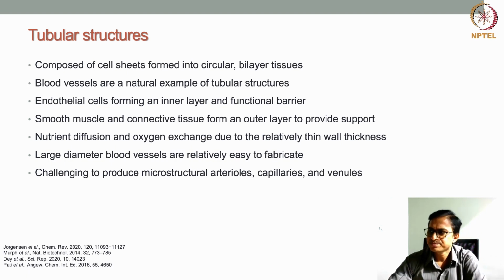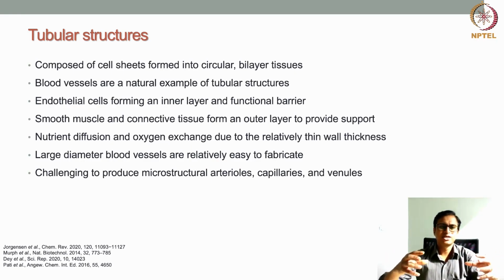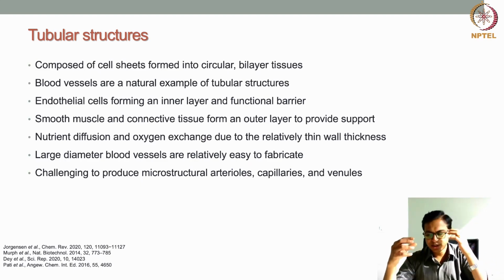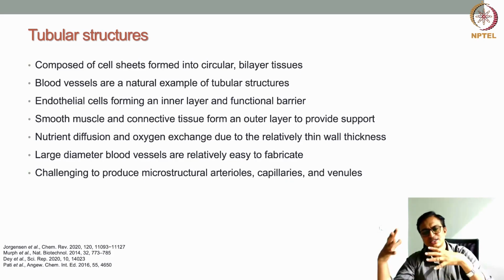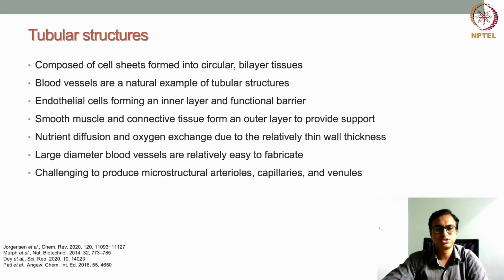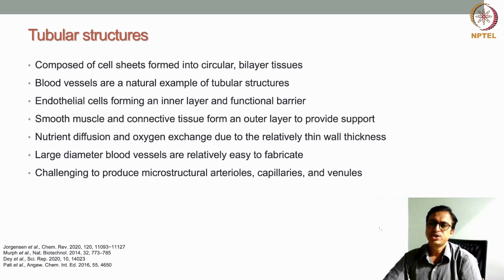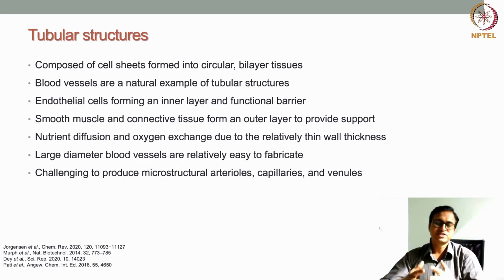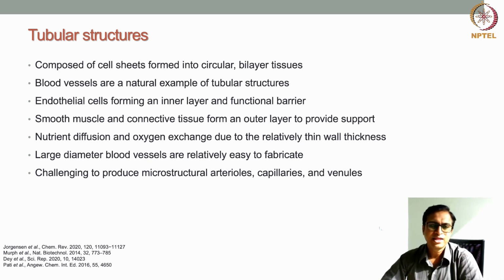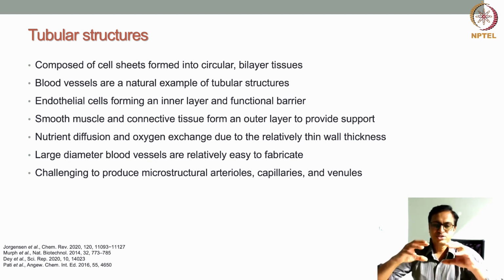So in the case of blood vessels, the innermost cell layer is the endothelial cells, right? And they also maintain a functional barrier between what is flowing through the tube and the other structures. So the tight junction between the endothelial cells is very much important, because of that the functional barrier exists.